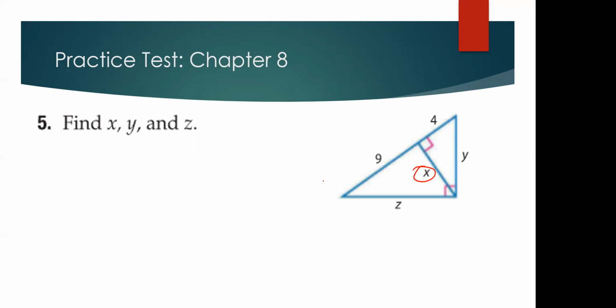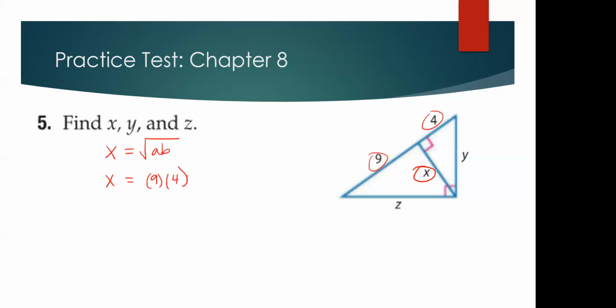We also learned in this lesson 8-1 that the altitude can be calculated using the geometric mean of the lengths of these two sides here. So again, we would find x is equal to the square root of a times b, and we're using 9 for a and 4 for b.